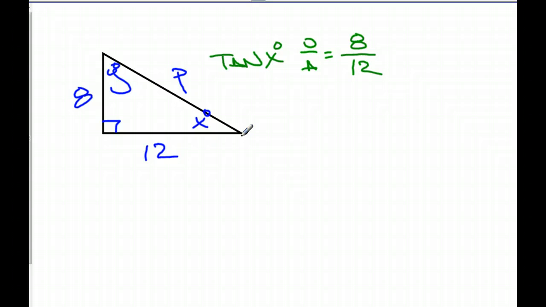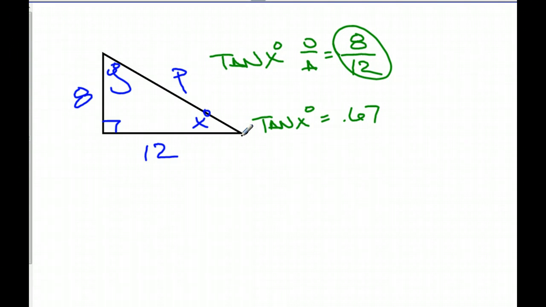So you should be able to take 8 over 12, figure that as a decimal, and get 0.66667. Do you want to get x alone?